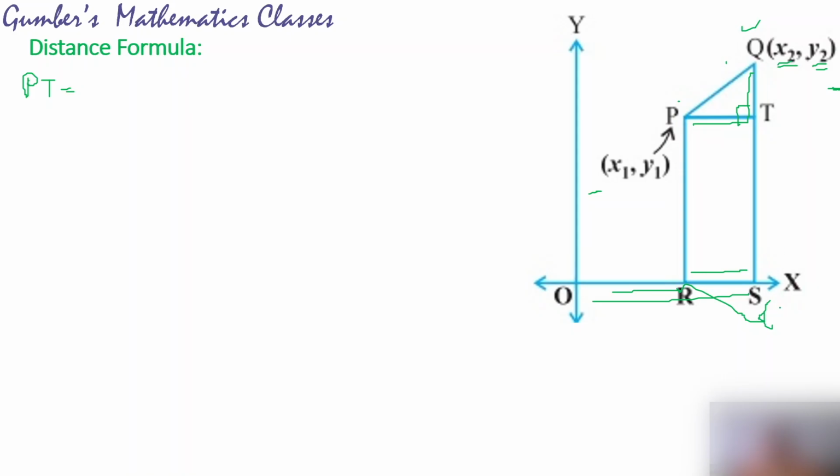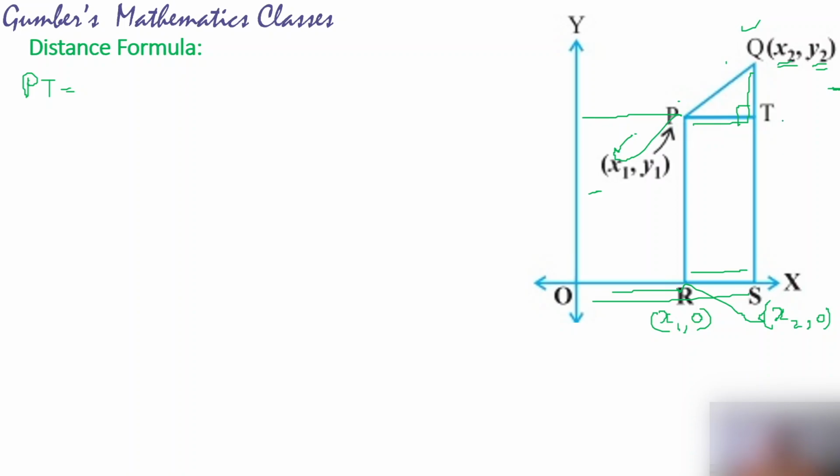This is x2, 0, that is the abscissa of the point Q. Now the coordinates of point R are, its y coordinate is 0 and its x coordinate is the same as P is having, and the abscissa of this point is x1. Therefore the coordinates of point R are x1, 0.